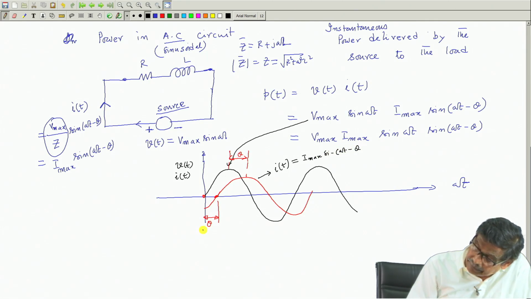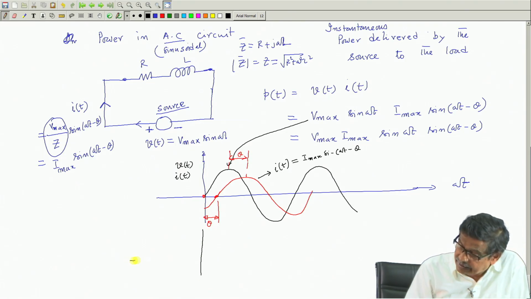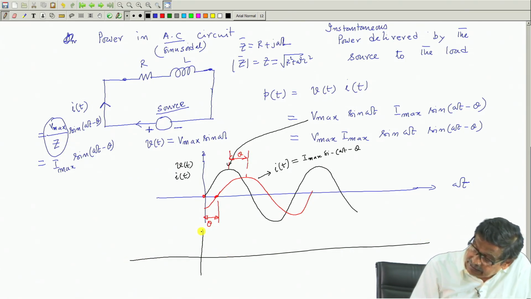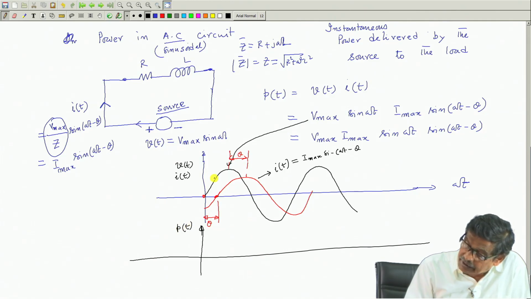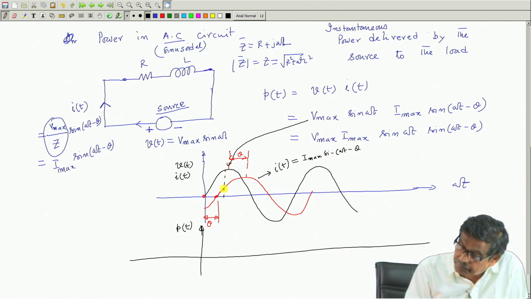Now, below this I will sketch the instantaneous power. What is that? At any instant I will multiply voltage and the corresponding current. At every instant I will go on doing like that and sketch it here.